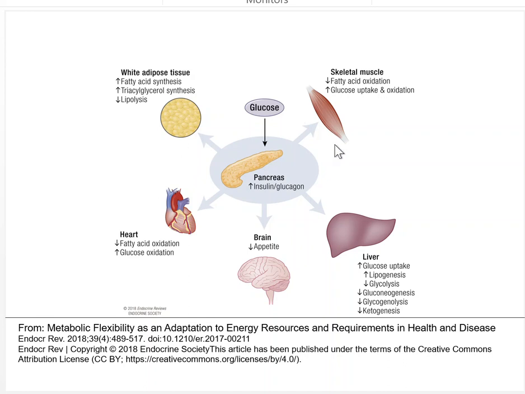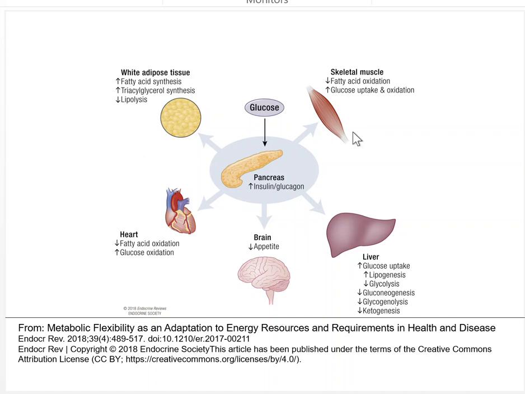Now, one of my favorite subjects is what happens in the muscles. Skeletal muscle is a major deposit region for glucose. So if we have good amounts of skeletal muscle, then we give the body the ability to dispose of glucose into tissue.